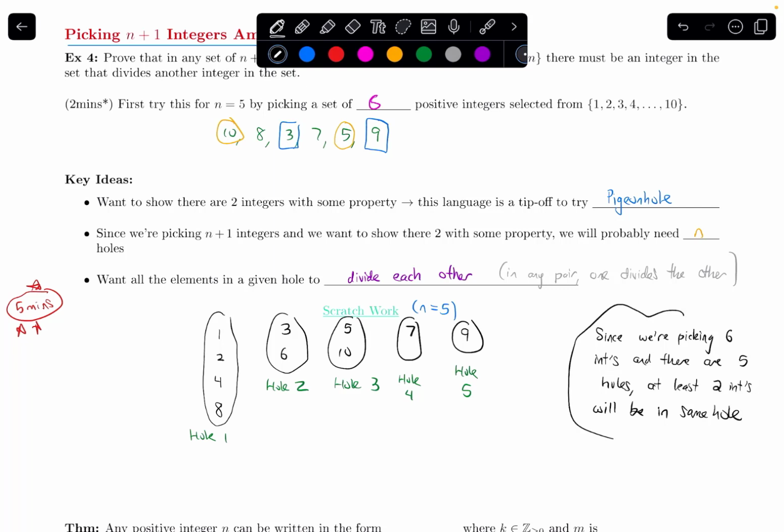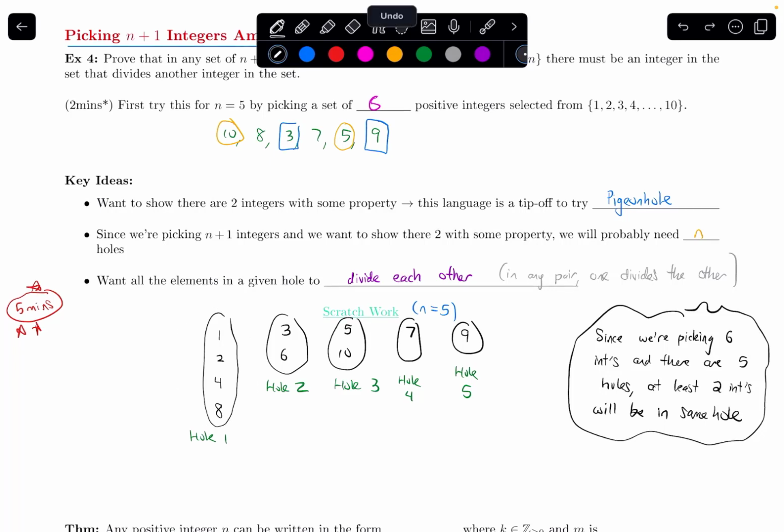And that's great for us. That's exactly what we want. Because if there's 2 things in the same hole, no matter which hole it is, whether it's this one or whether it's this one, well, one of those things will divide the other.